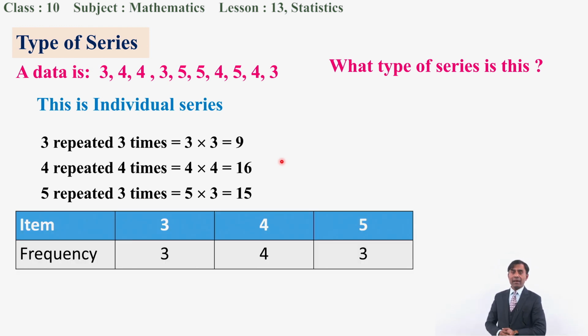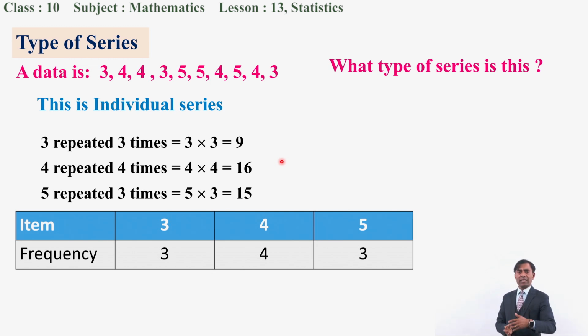Look here, item 3 is repeated 3 times, so its frequency is written as 3. Similarly, item 4 is repeated 4 times, so its frequency is written as 4. And item 5, if we consider this as age, is repeated 3 times, so we present it in a table.